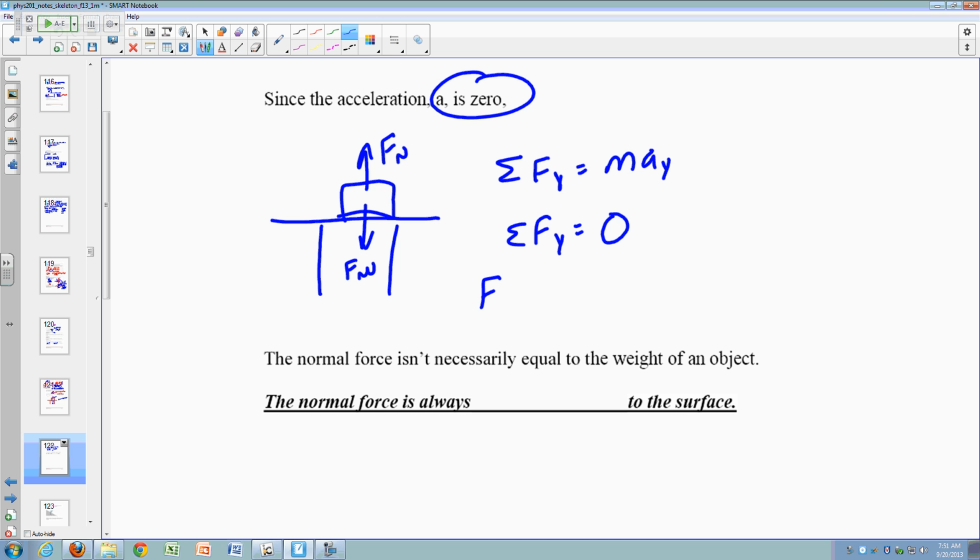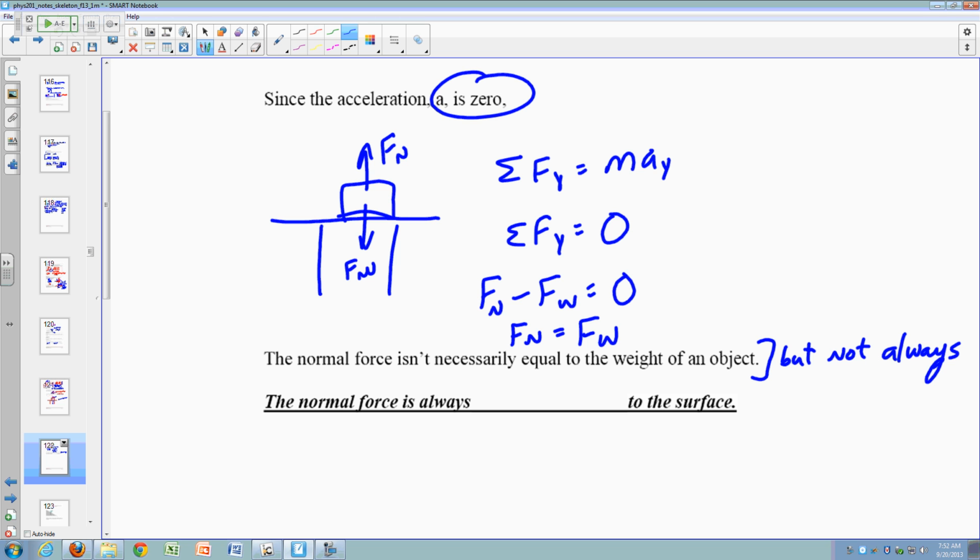That is, the normal force minus the weight equals 0, or the normal force is equal to the weight. That's often the case whenever I have an object on a flat surface, that the normal force will equal the weight of the object. But it's not always the case, and we'll see some examples we'll work through.